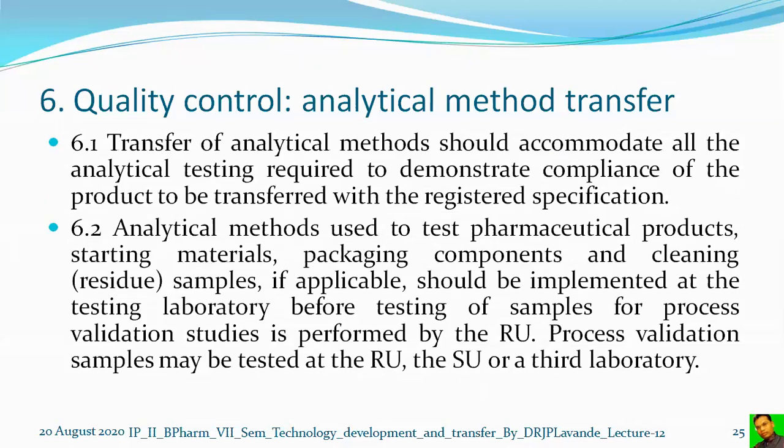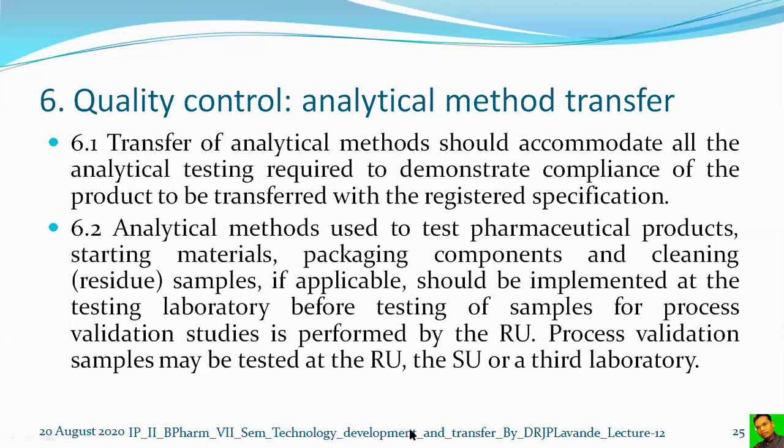In case of any manufacturing, more specifically pharma manufacturing, there is a great concern for quality, and there should not be any compromise on quality. So there are guidelines given by the WHO, and these guidelines should be followed by the manufacturing units.